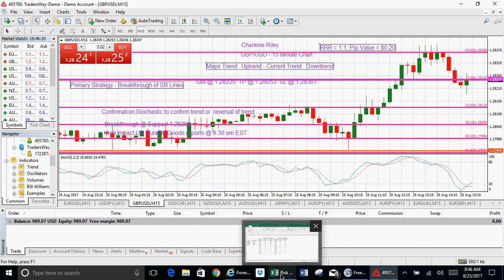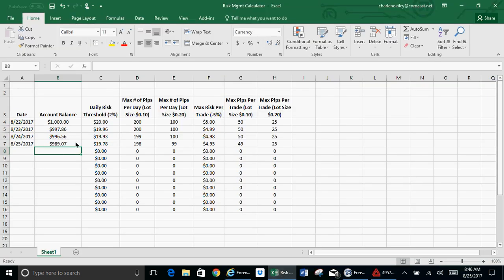Now, what I like to do, I have a spreadsheet where I calculate my daily risk threshold and maximum based on my current account balance, along with the maximum number of pips per day and per trade, and the per trade amount and the pips per trade. So my beginning balance today is $989.07, risking 2%.